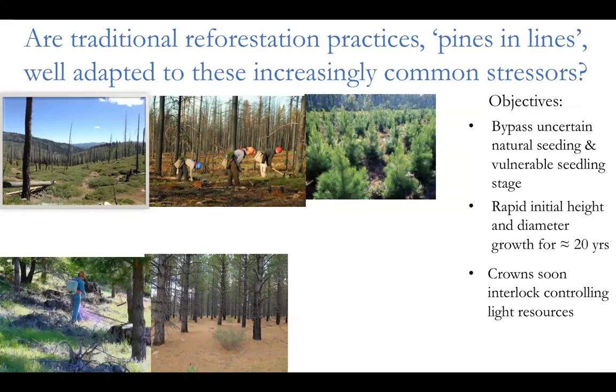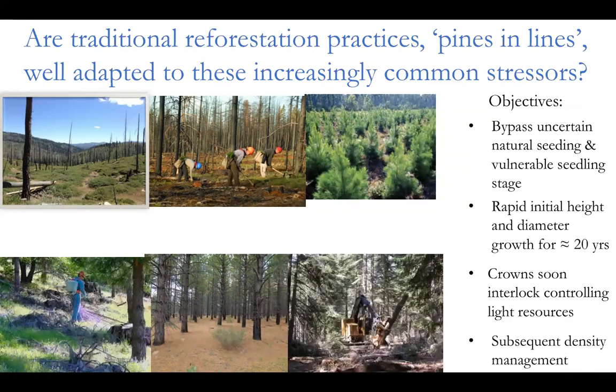And so that has the advantage of promoting additional capture of the site, maximizing growth and yield, and then eventually the idea would be to go into a regularly planted stand and do some sort of subsequent density management. So it's a pre-commercial thin to remove trees to increase the growing space once the crowns have started to interlock.